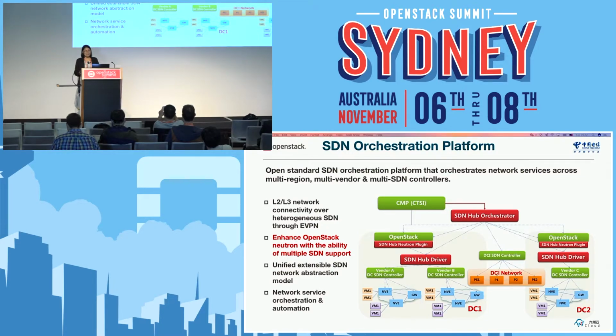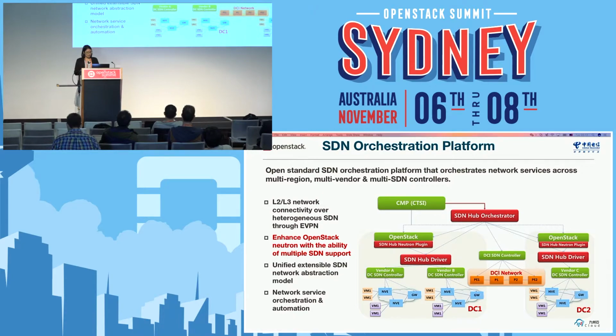One is the centrally deployed orchestrator, and the other two are the distributed deployed Neutron plugin and SDN Hub driver. The orchestrator orchestrates network service across different SDN regions, different controllers and different vendors.